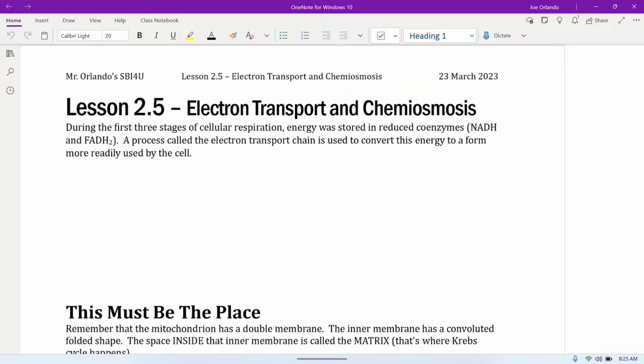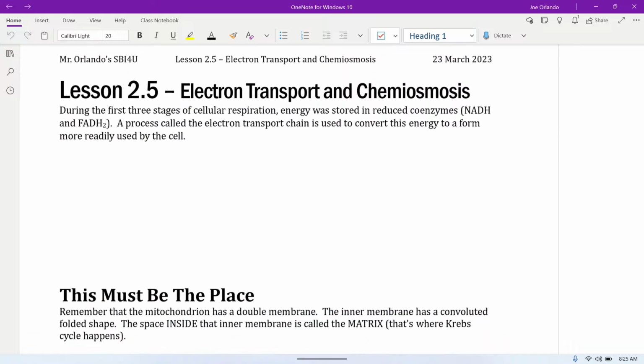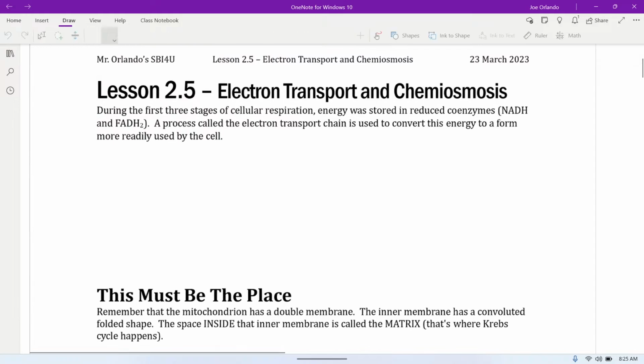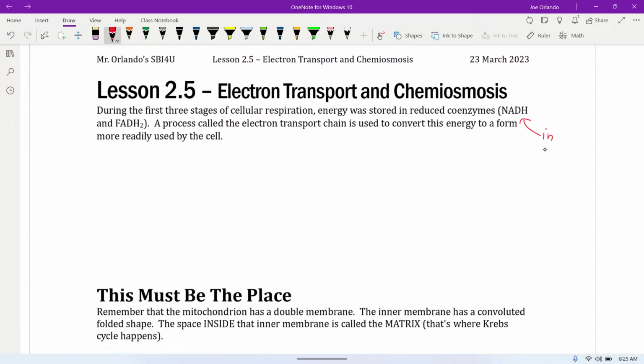Obviously, it's worth mentioning that this is in addition to ATP. Right? Because we've produced ATP along the way.